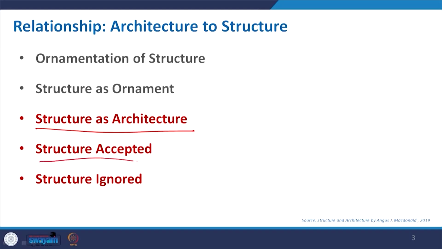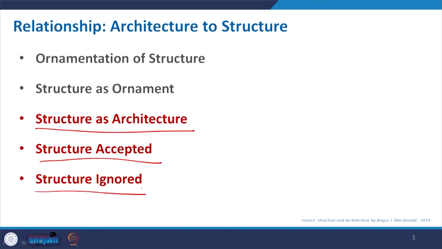Sometimes we have seen the dominance of architecture, the form, and sometimes the dominance of structure, and sometimes the structural requirement is ignored, which can be a very simplistic solution to that form, but creates something different and interesting. So, here we will discuss three concepts: structure as architecture, structure accepted in architecture, and structure ignored in architecture in form making.